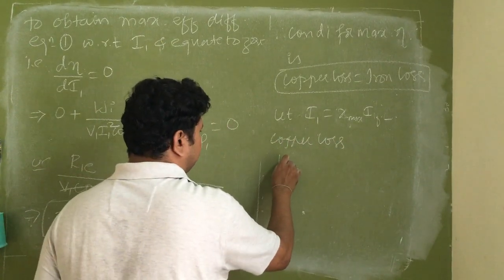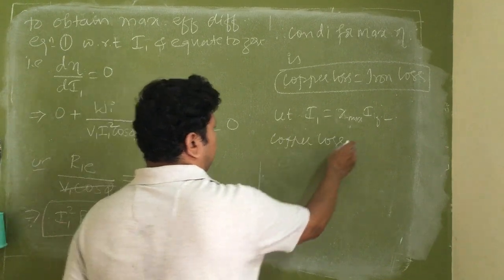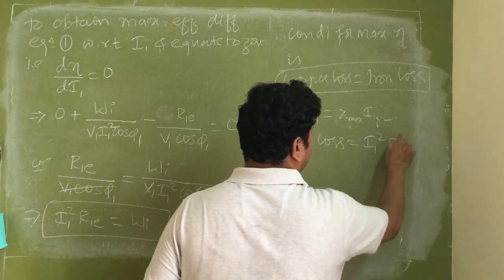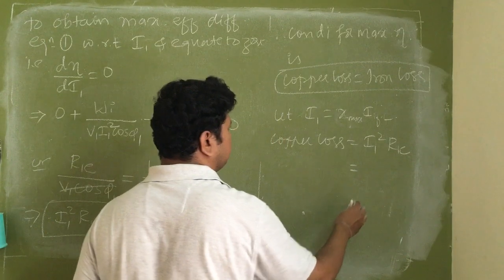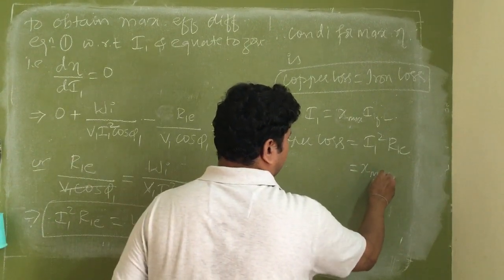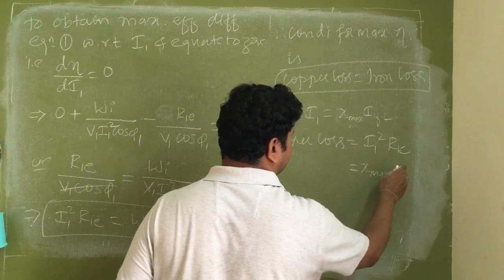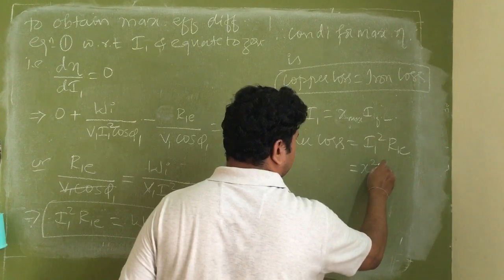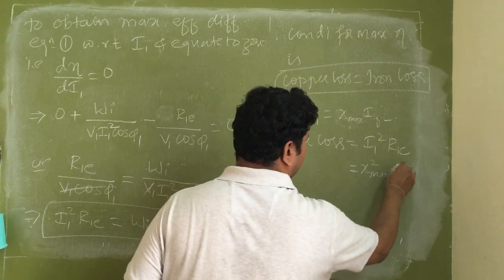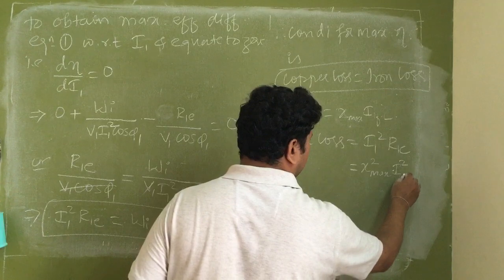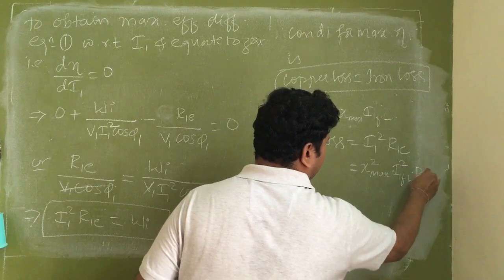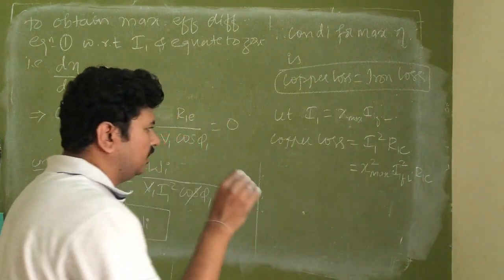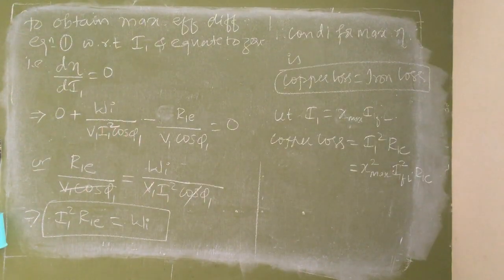Copper loss is equal to I1 square R1E. So that is equal to x max square into I1 square full load into R1E. And I am doing this only to get the load factor at which efficiency becomes maximum.